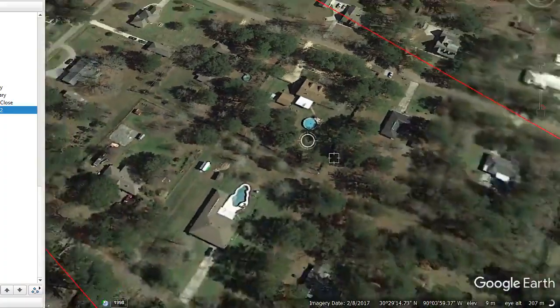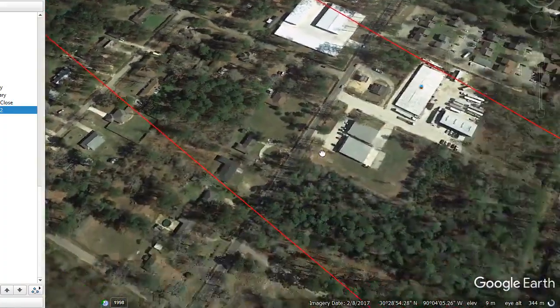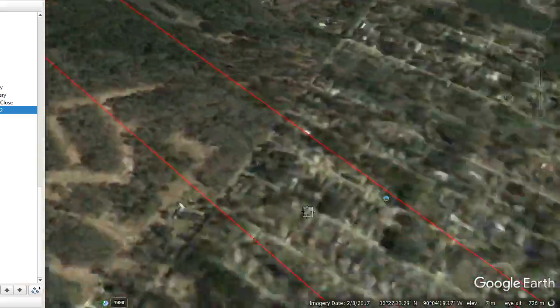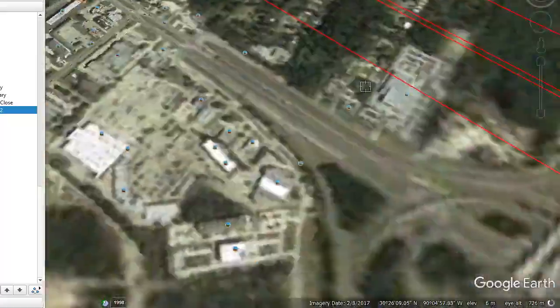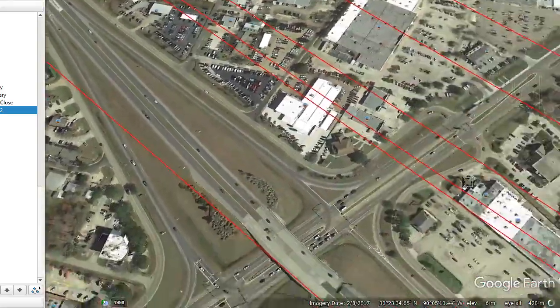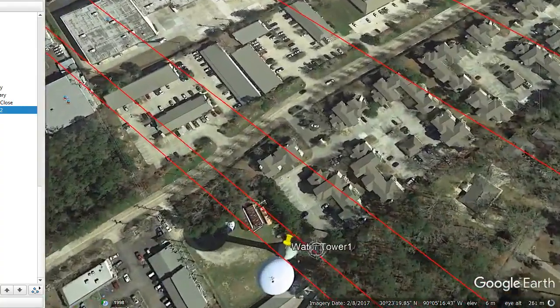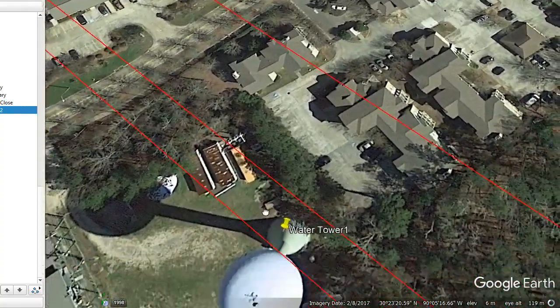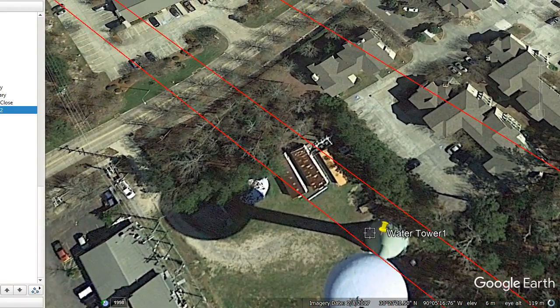And then we'll go over to our first water tower. Measure this, something like this. So, it's hard to tell where the top of this object's shadow really would be because of the ball shape at the top.